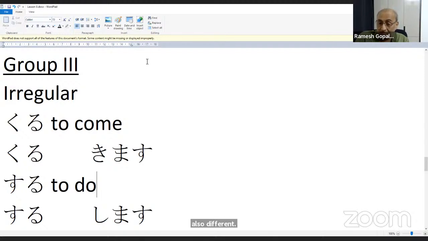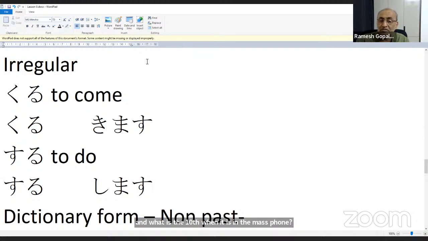So, dictionary form and mass form. When you use the verb in dictionary form, what does it mean? What is the tense? Let us see tense. What is the tense in the dictionary form? And what is the tense when it is in the mass form? Please write this down. Dictionary form, non-past.